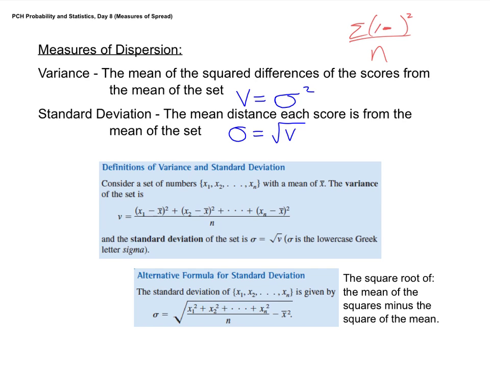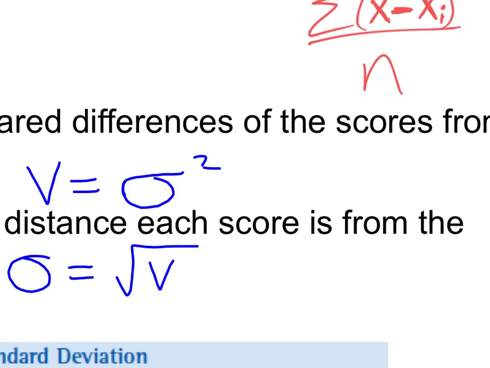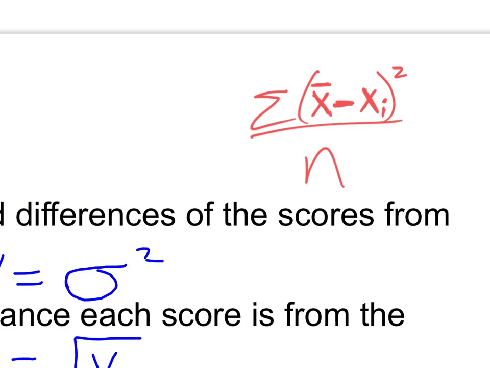Okay? Now, here's our notation for mean. It was x bar. Alright? And we're going to subtract each x score. We could do x sub i. Alright? So we're going to take each score, we're going to subtract it from the mean, and then we're going to square it.